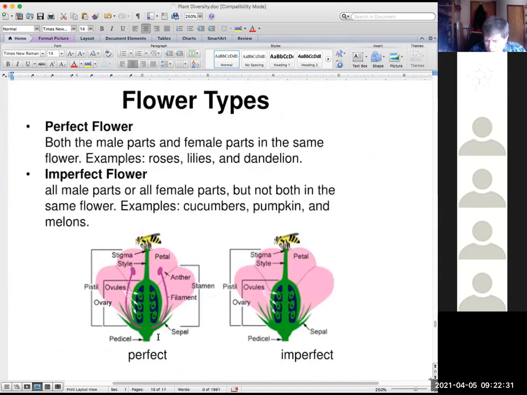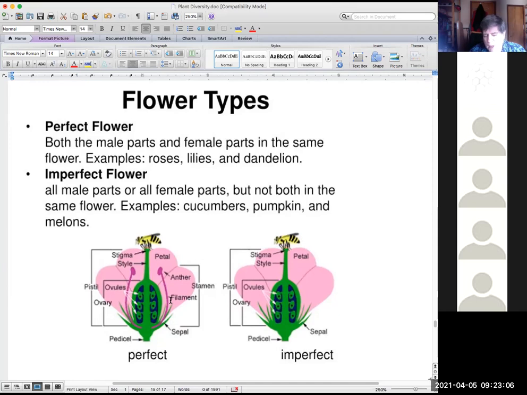If we look at the basic parts of a flower, down at the bottom, the flower grows off the end of a leaf. It's a modified leaf. And there's something called a pedicel and a receptacle down at the bottom. And then we have some sepals. On many flowers, the sepals are green, but not always. Sometimes they're a similar color to the petals.